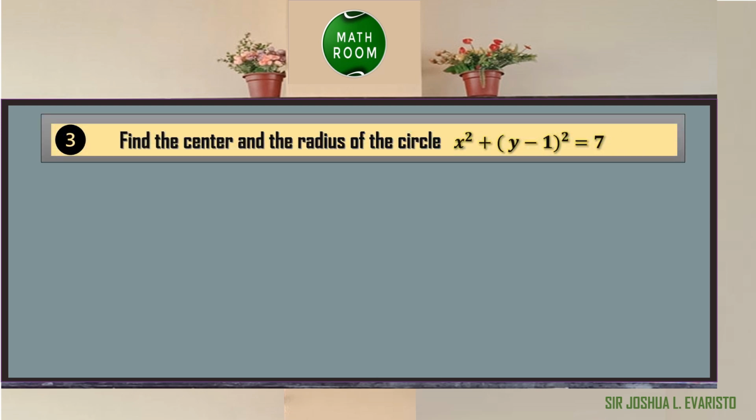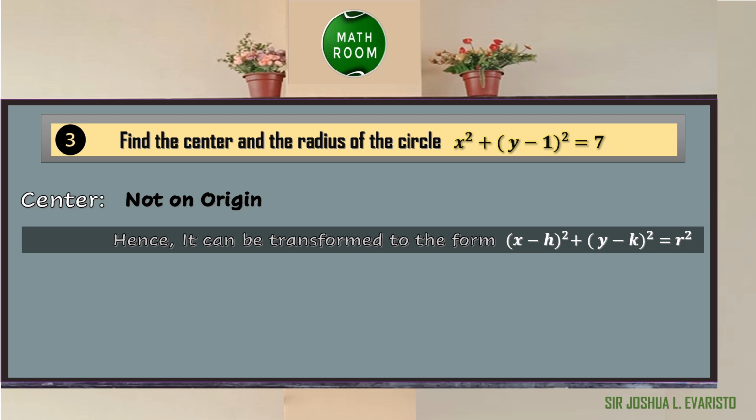Number 3. Find the center and the radius of the circle x squared plus (y minus 1) squared is equal to 7. Our center is not on the origin. Hence, it can be transformed to the form (x minus h) squared plus (y minus k) squared is equal to r squared.